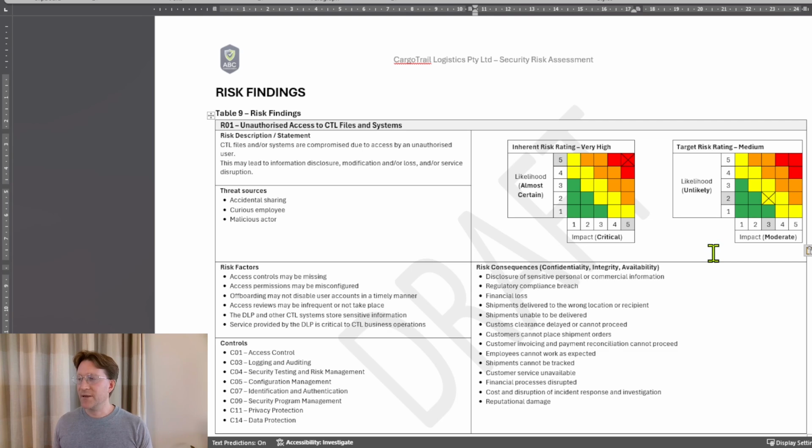But fundamentally, we cannot remove the risk entirely. It's unlikely that we have unauthorized access, but it's still very much possible because there could be mistakes. The controls will not catch everything. Then for impact, I believe it's moderate because even if we reduce the likelihood, it's still not zero. So it can still occur.